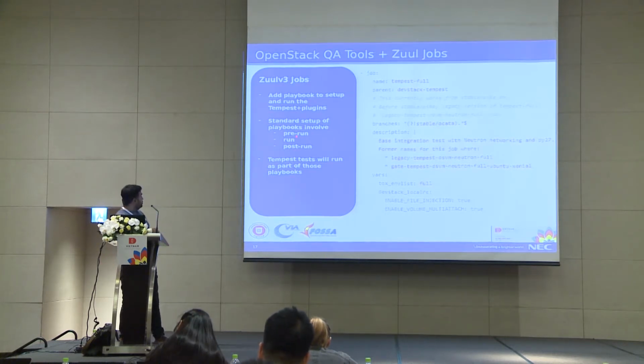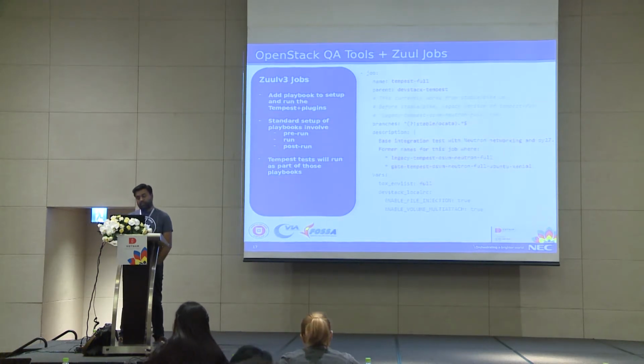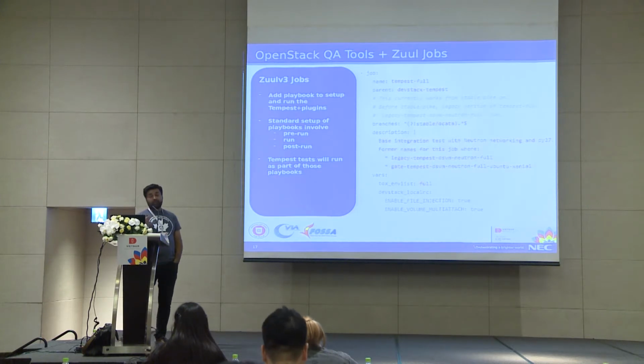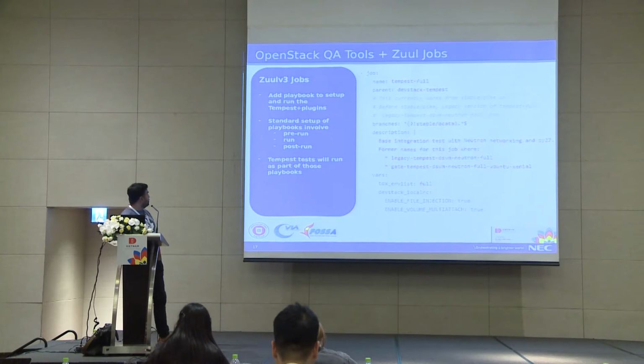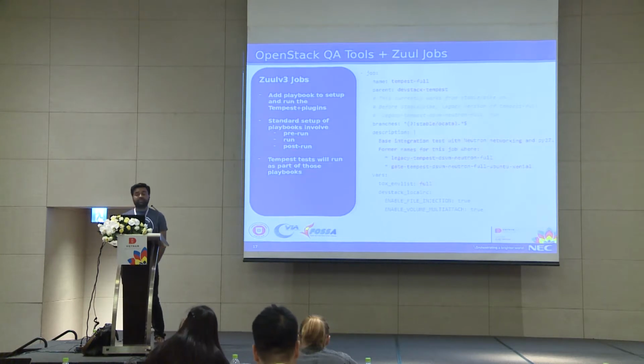Then you have the run playbook. In that Ansible playbook, or Ansible role, you can define how Tempest should run the test cases and which test cases have to be run. And then post-run is more about what happens after the test cases are run: how you publish the logs and how you want to see the results of the test cases.